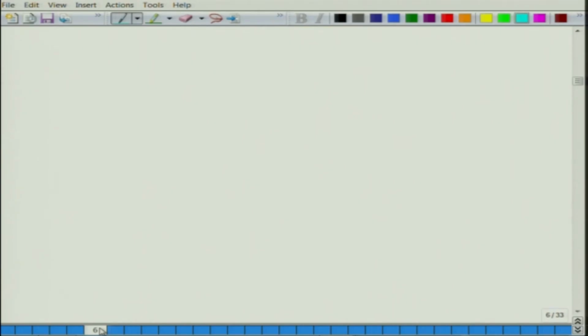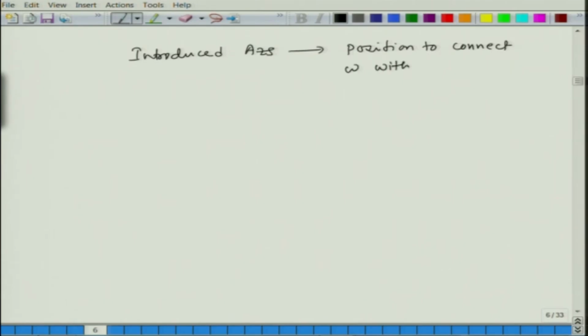Now, as we introduced AZS or surface azimuth angle, we are in a position to connect this hour angle with AZ and AZS.